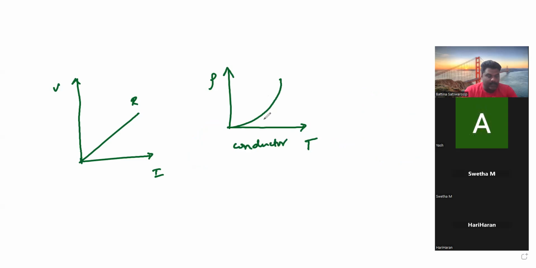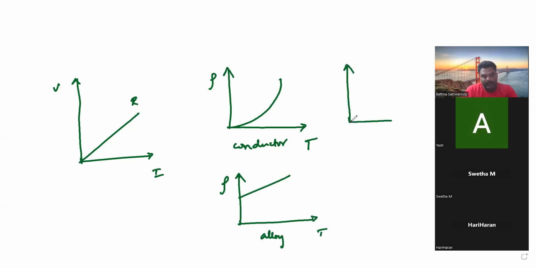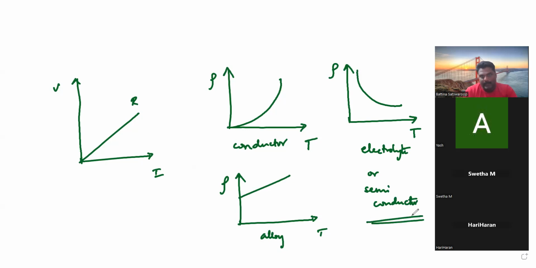And for alloy, it is like this. Whereas for electrolyte or semiconductor, the graph is like this.